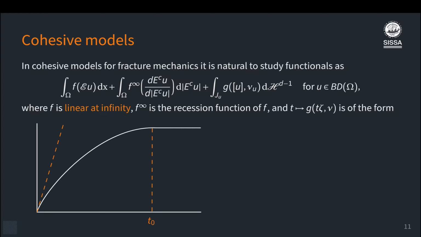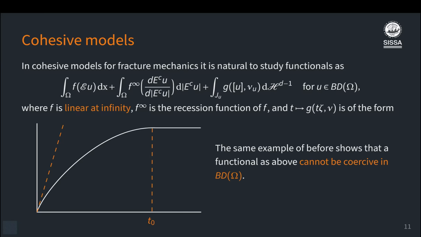And also, for lower semicontinuity reasons, I should put here not any function h, but the recession function of f, which is basically telling me the slope at which f is approaching infinity. f has linear growth, so in any direction it will have, let's say, a slope. And this f infinity is telling me exactly that.